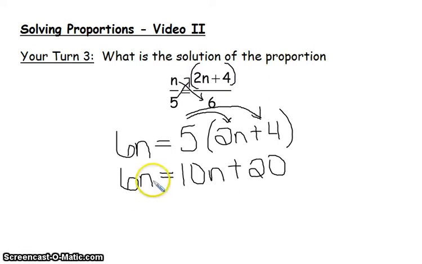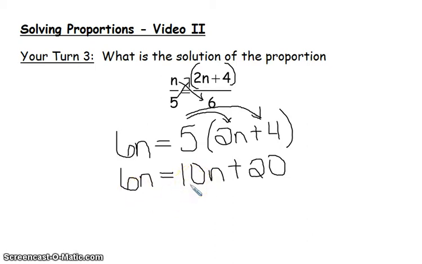So since this side of my equation does not have just a constant term, just a number without a variable, then I want to move everything over to this side. So instead of moving my 6n to my 10n, I'm actually going to move the 10n to the 6n.